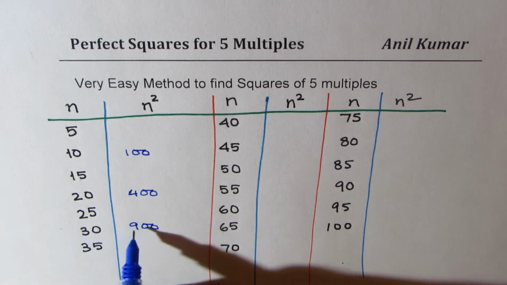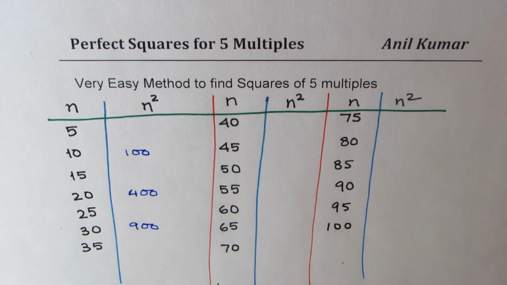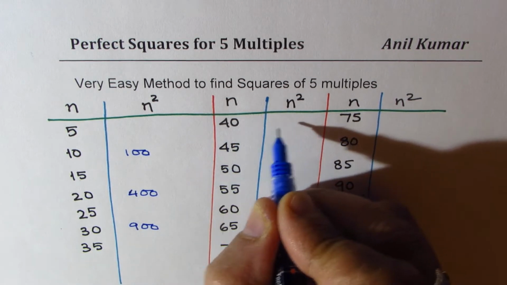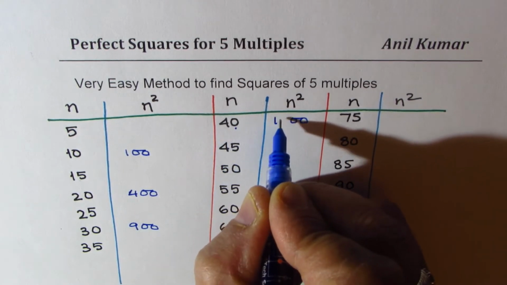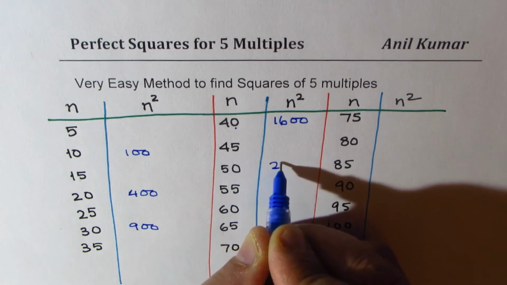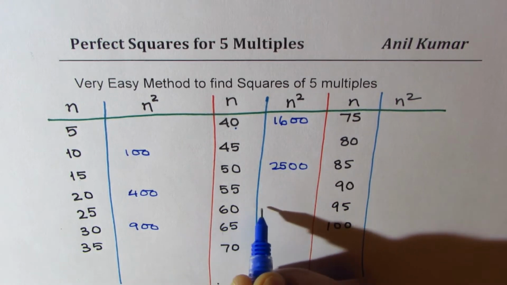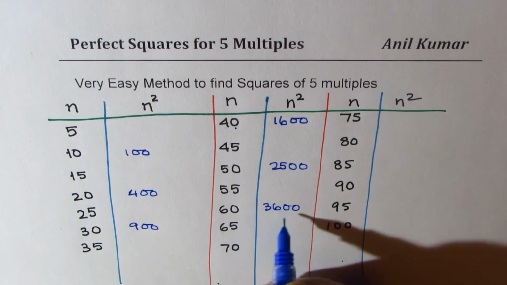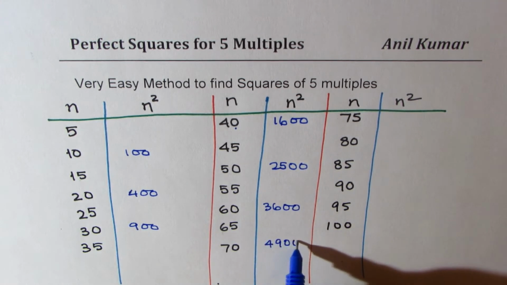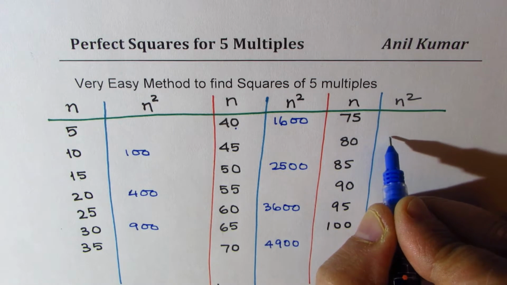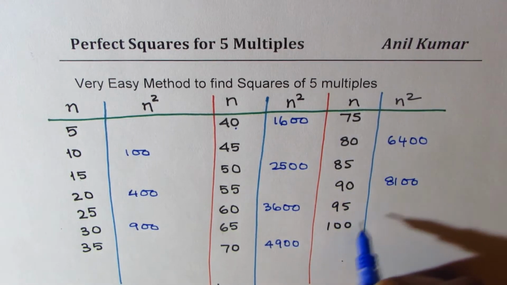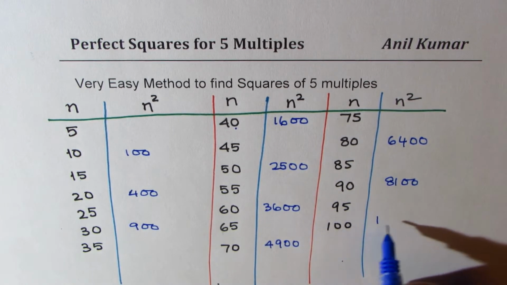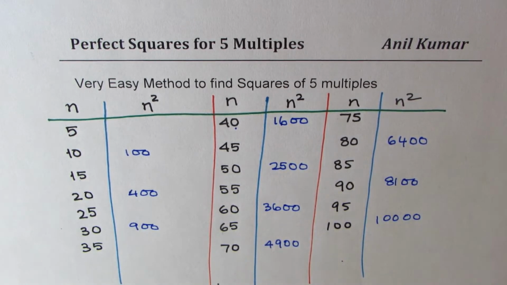So for a 0, you get 2 zeros and square the number 3. 3 times 3, that is 9. For 40, we get 2 zeros for the 0 and 4 square is 16. 2500 for 50 square, 3600 for 60 square, 4900. Now 8 square is 64, 6400, 9 square is 81, 8100, and for 100 you get 4 zeros, right? So 10000. So that one was simple.